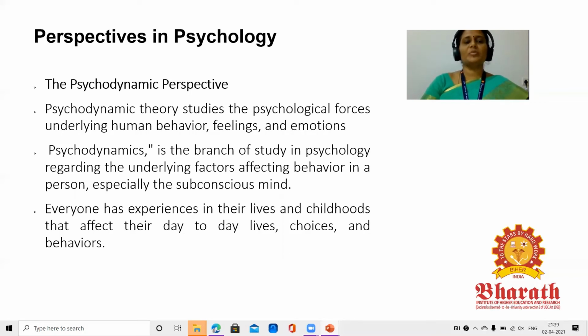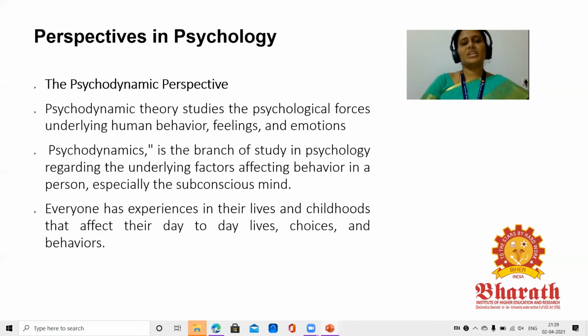One is the psychodynamic perspective, then the biological, behavioral, and cognitive perspectives. The psychodynamic theory studies the psychological forces underlying human behavior, feelings, and emotions.